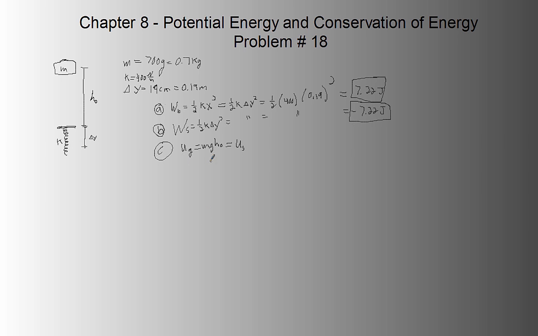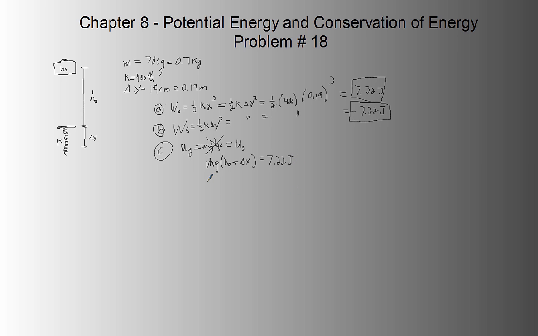And so mg(h naught plus delta y). That was a little off because we didn't know enough information at this transition point. That's going to equal the 7.22 joules of energy stored in the spring.